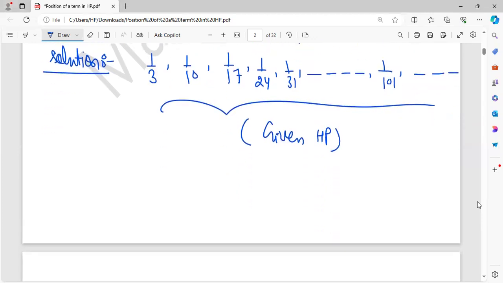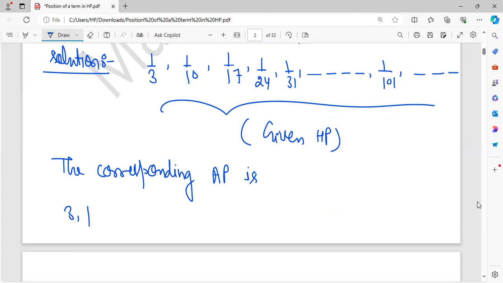The corresponding AP is 3, 10, 17, 24, 31, and 101 is here, answer. So position of 1 upon 101 is the position of 101 in it.